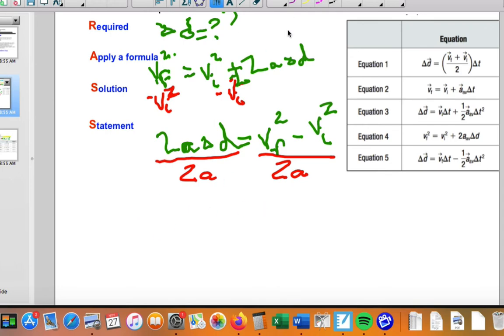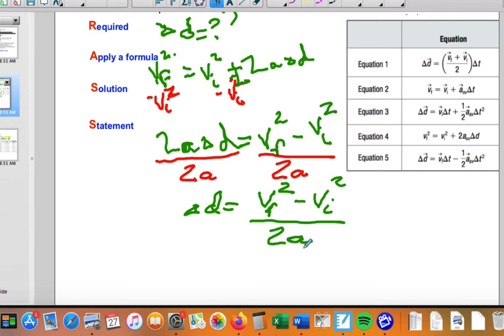And so what that leaves us with after the acceleration cancels out is delta D, or the displacement, is equal to the final velocity squared minus the initial velocity squared, divided by 2 times the acceleration.